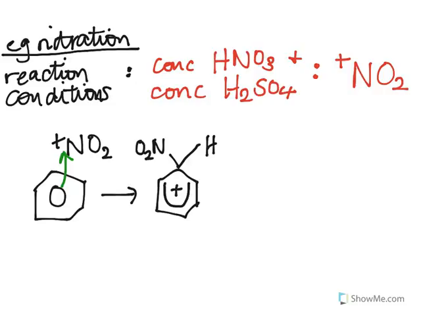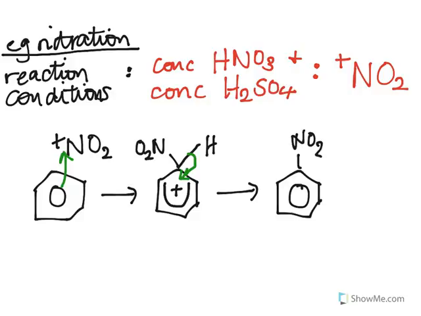For the next step, the electrons from the hydrogen go back into the ring to give us back the stability of the benzene ring, and we have this back with the NO2 still attached, where we have nitrobenzene, and now we have the hydrogen ion as the other product.